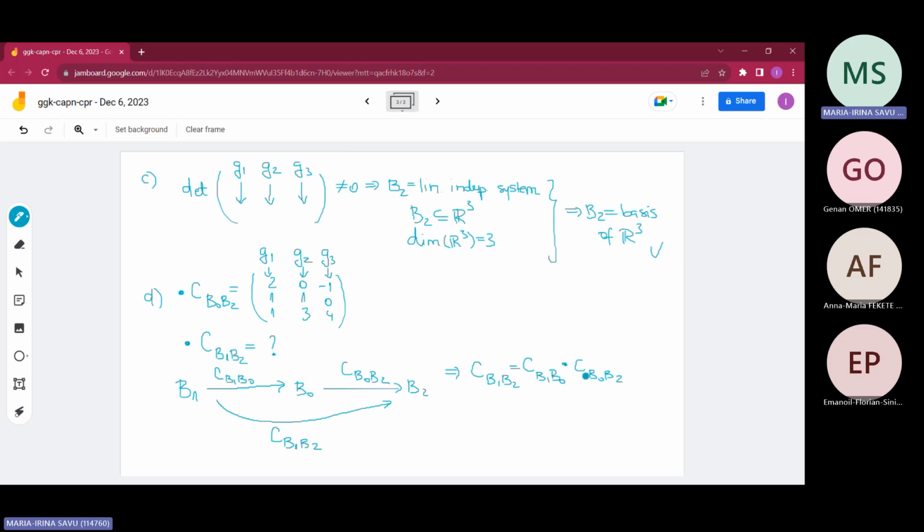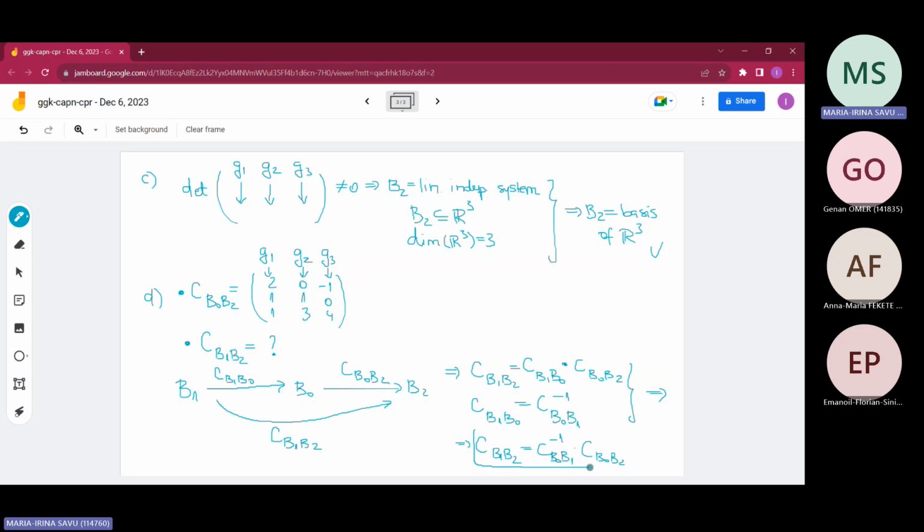You know C, B0, B2, you have this matrix here. But how do you find C, B1, B0? It is the inverse of C, B0, B1. Exactly, it's C, B0, B1 to the power minus 1. So from these two facts, you have that C, B1, B2 is actually C, B0, B1 inverse times C, B0, B2.